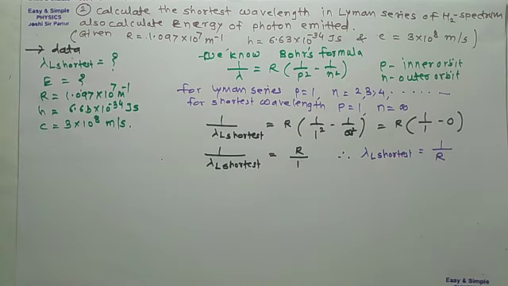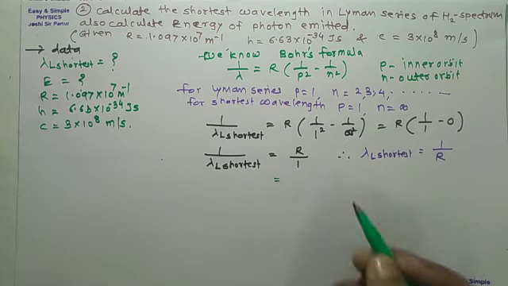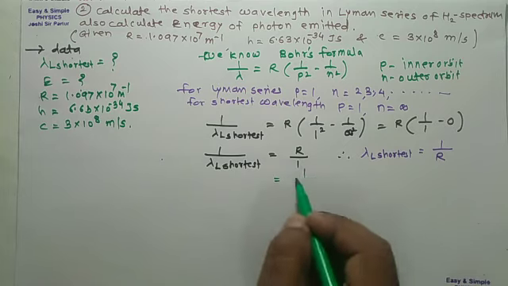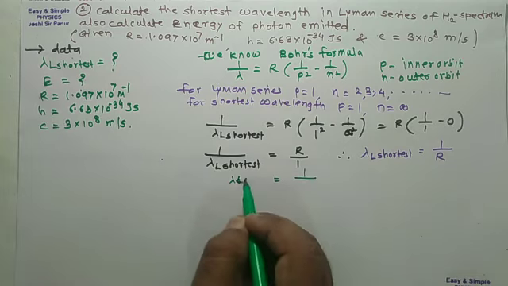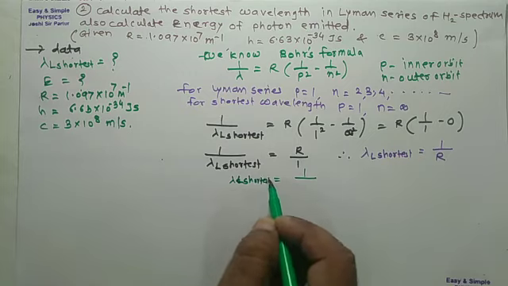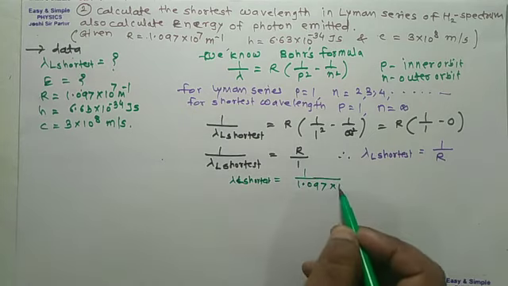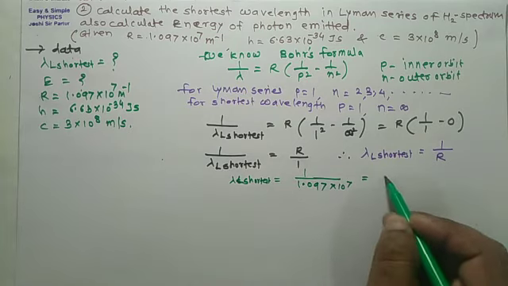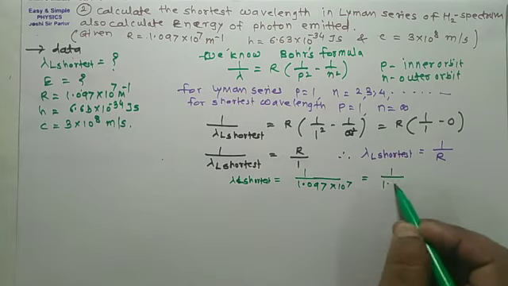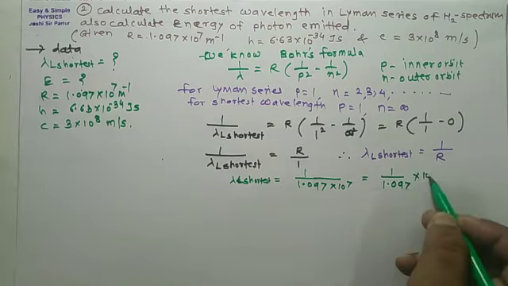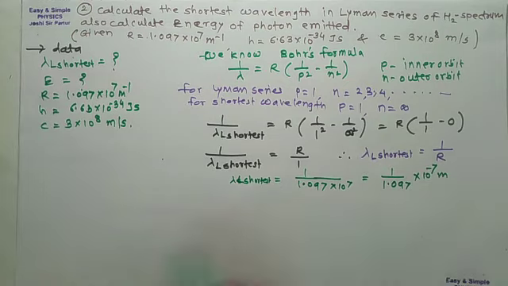If we substitute the value of R here, 1 upon lambda L shortest is equal to 1 upon 1.097 into 10 to the power 7, which is 1 upon 1.097 into 10 raised to minus 7 meter.